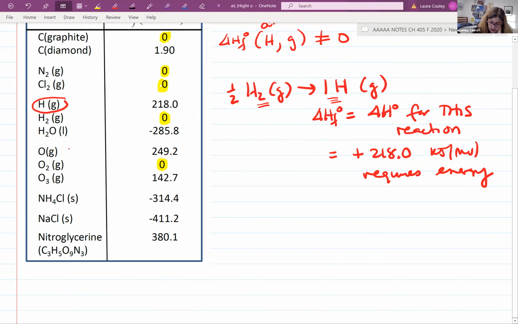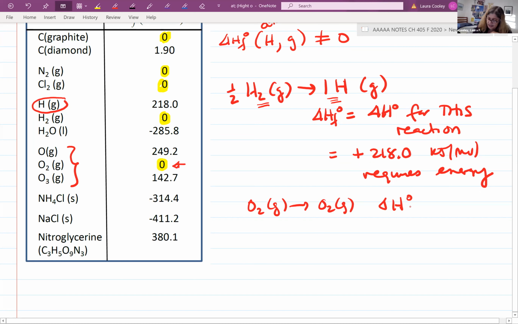If you look at oxygen here, it's even more interesting, right? Because we have O, O2, and O3. Only O2 is 0, because going from O2 to O2, the delta H_f^0 of O2 is 0, because you're forming the stable form from the stable form. But going to O3 from O2, we have to adjust the stoichiometric coefficients.